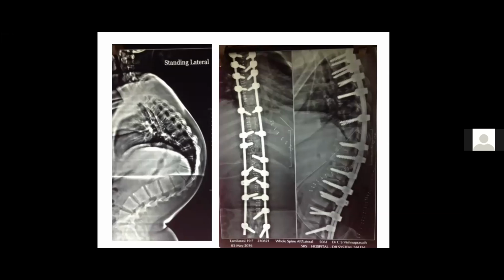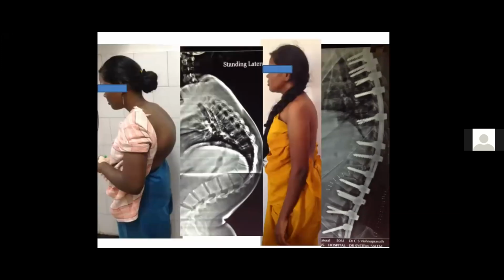You know that Scheuermann's will have some amount of pain because of the epiphysitis. Some amount of pain is the dictum in Scheuermann's. But long-term studies have shown that up to 80 degrees of Scheuermann's, they do not have a cosmetic concern after some time. But beyond that, it should be corrected.